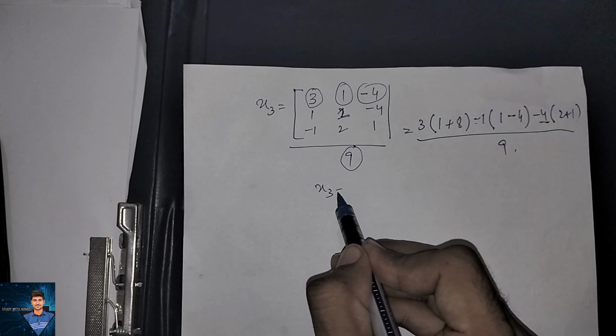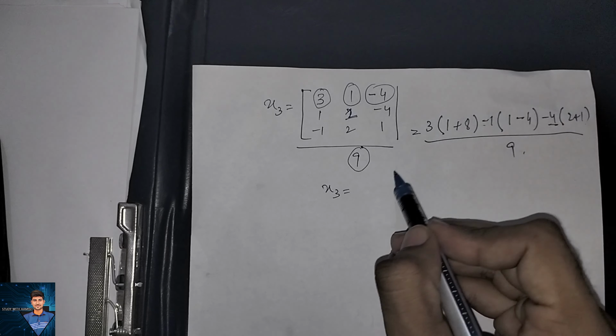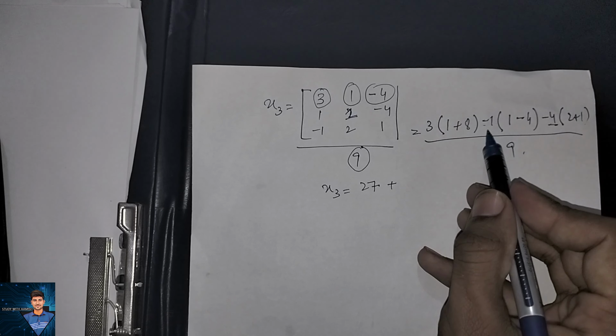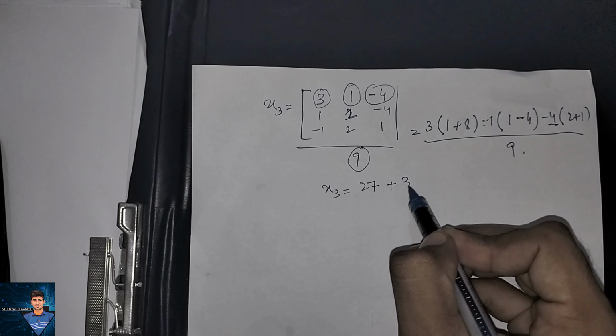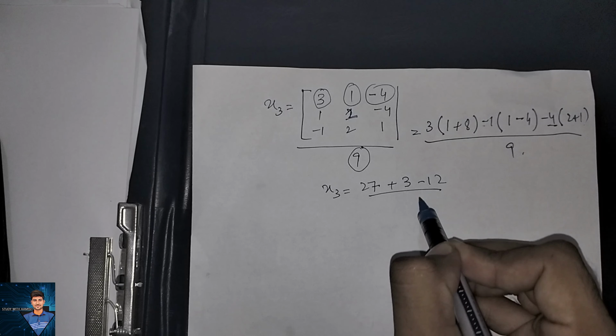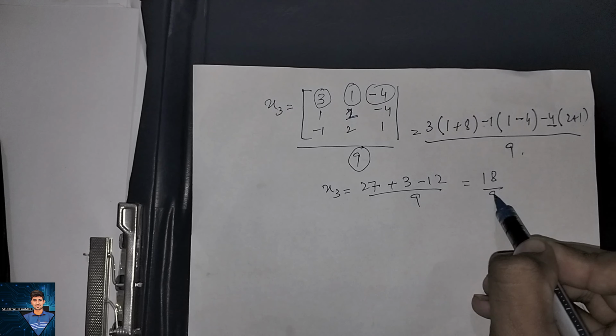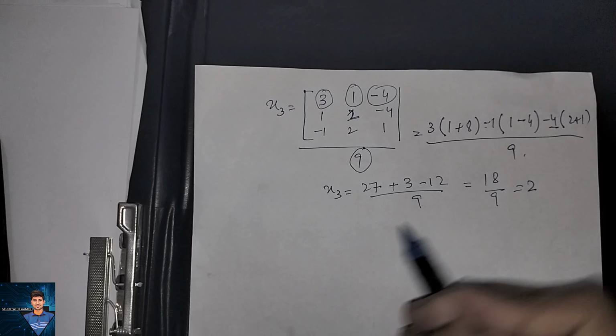So x3 will come out to be 9 into 3 27 plus 3 into 3 minus 12 divided by 9, and it will become 18 upon 9, which will ultimately be 2.